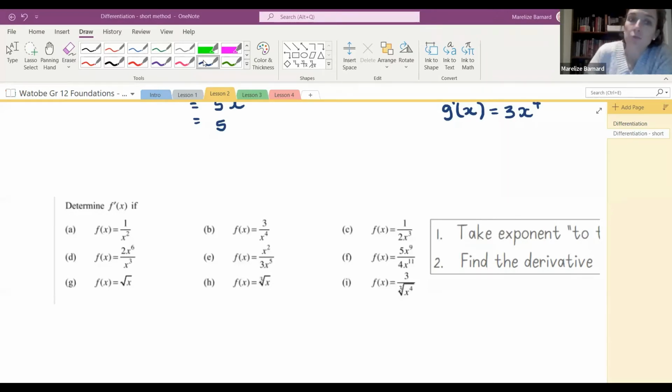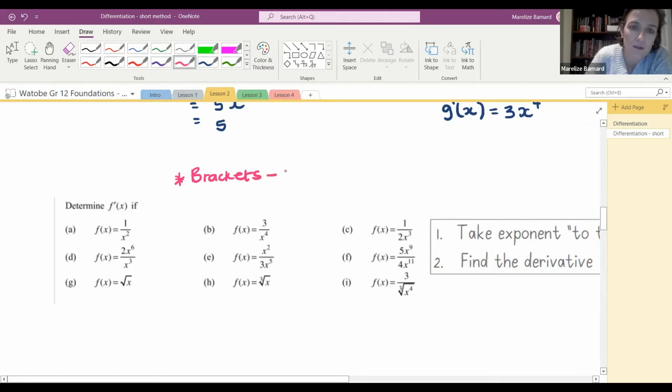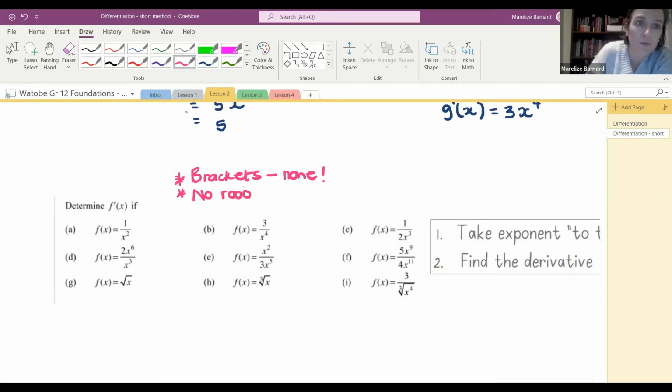So golden rule with differentiation is that your expression, before you differentiate, cannot have any brackets, no roots, and no algebraic fractions.